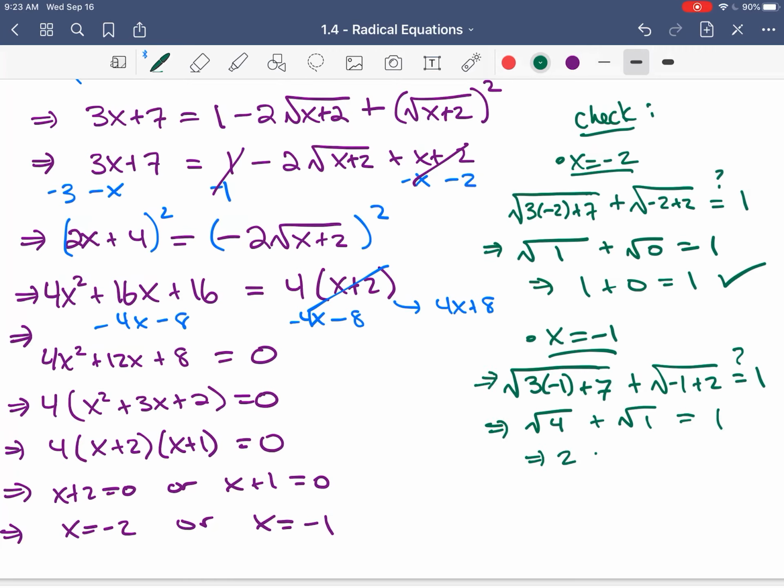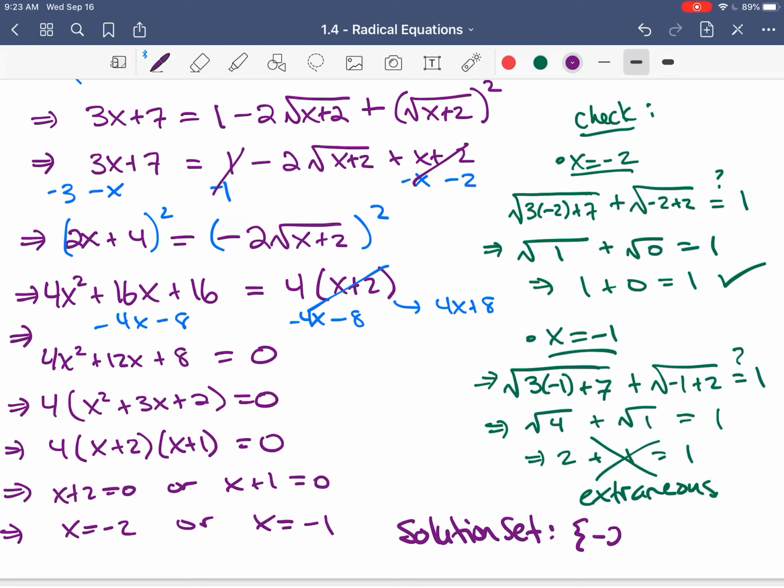So that's going to be 2 plus 1 equals 1. That does not make sense. So this one is extraneous. So that means that our solution set just contains the solution negative 2. So the negative 1 was extraneous. So that's our solution there.